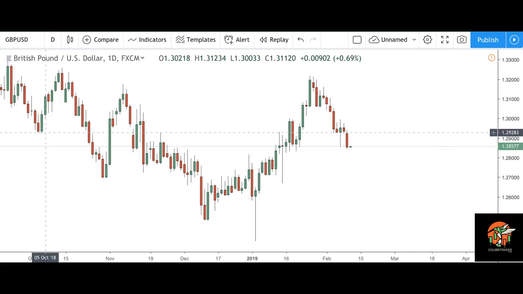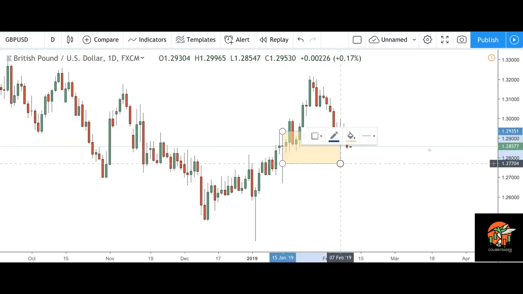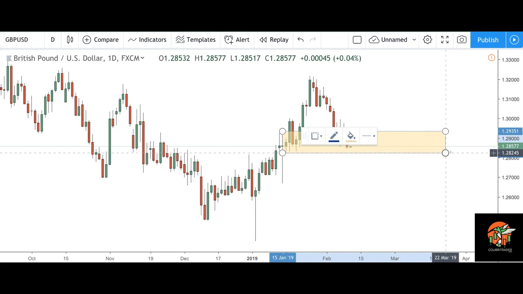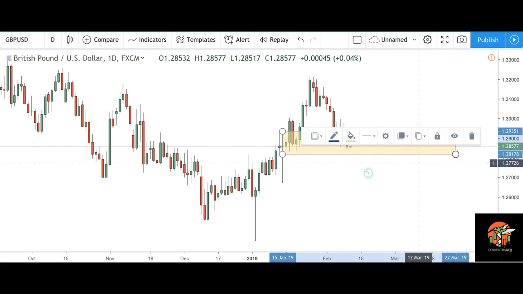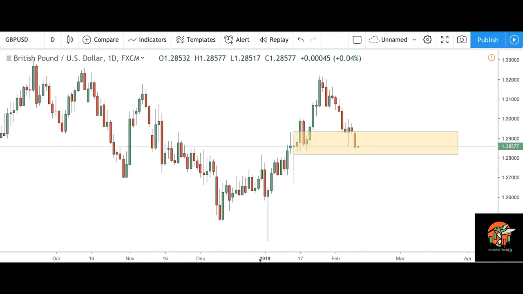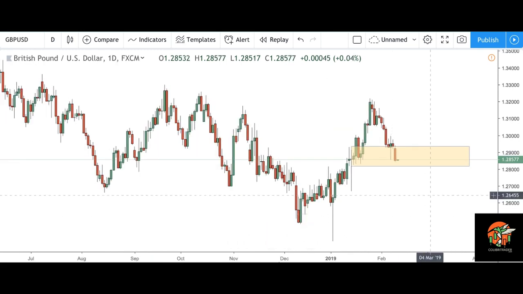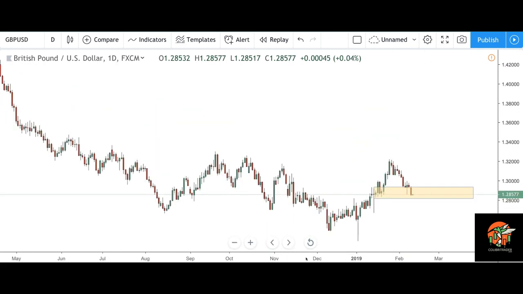If such doesn't occur, then most likely the price will continue dropping to the next demand area, and until the market participants make up their minds, we won't see much action.